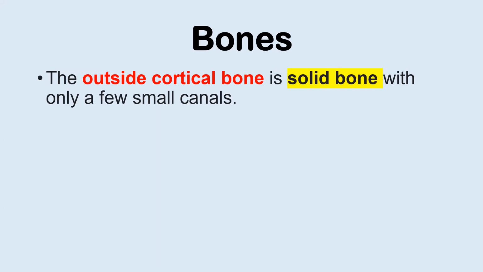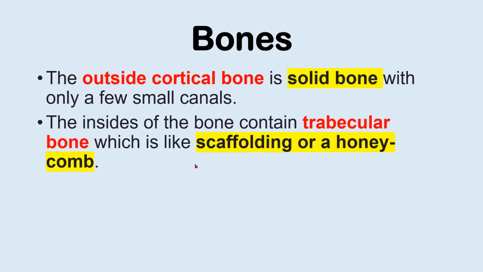Now, in the bones, I've got layers and so on. It's solid with very small number of little canals in them to move things around. But the inside of the bone is called trabecular bone. It's hollow, and it has sort of a scaffolding or honeycomb.